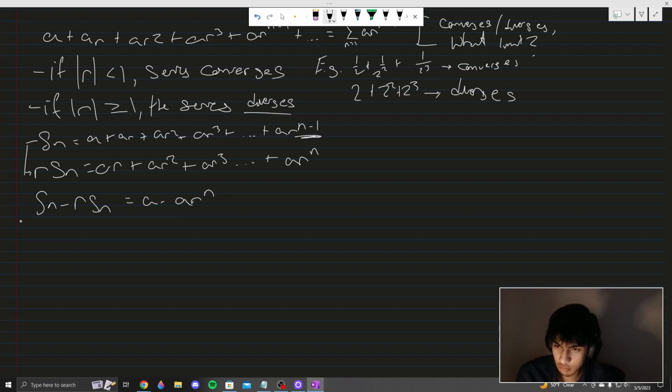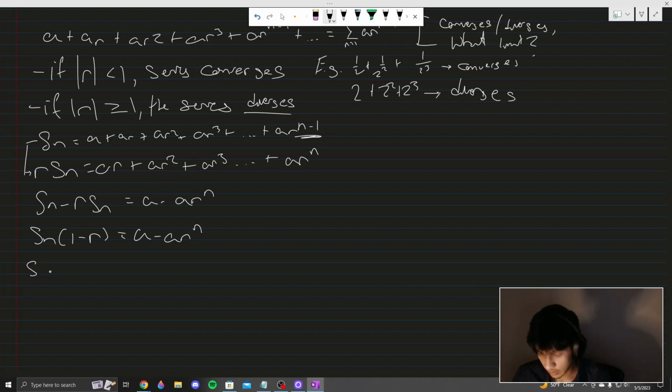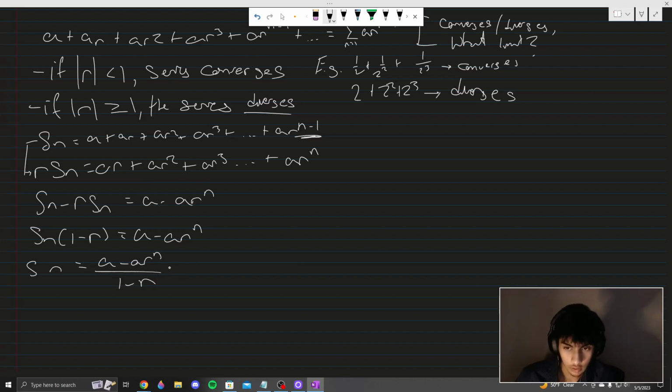I'll do this a better way. I'll factor out S n: S n times 1 minus r equals a minus ar to the n, right? So S n equals a minus ar to the n over 1 minus r, so there's my factoring there.